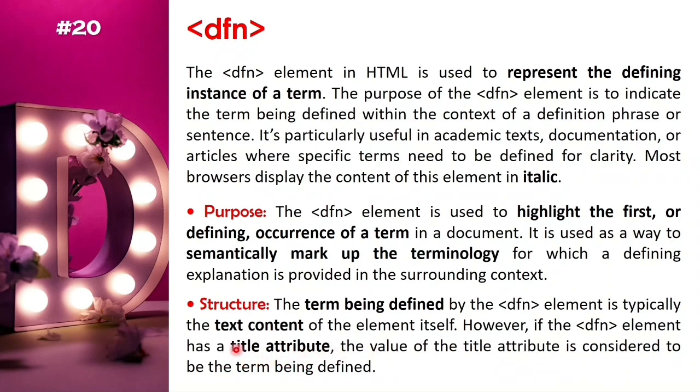The value of the title attribute is considered to be the term that's being defined, and then in the next couple of lines we can define that term. This is a way to semantically mark up the definition.